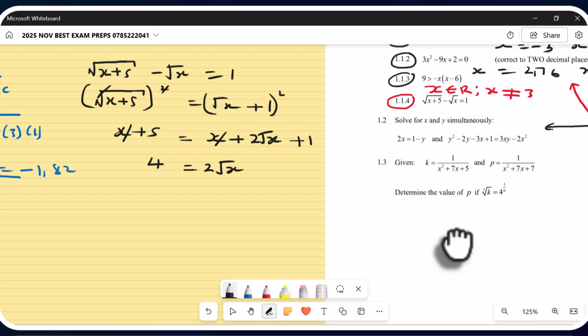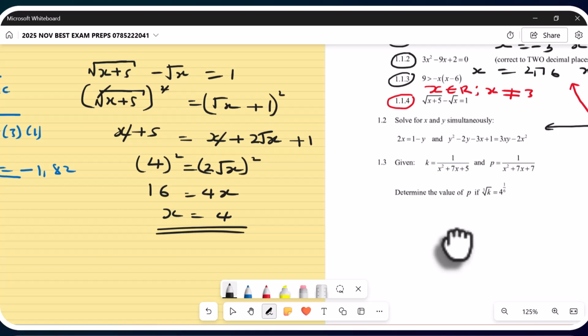It becomes positive y. And then the 2x becomes negative 2x here, then plus 1. So in this other equation, wherever we find the y, we put negative 2x plus 1.